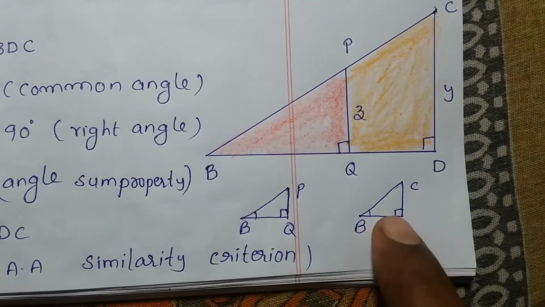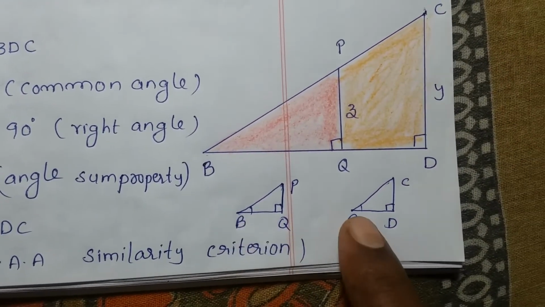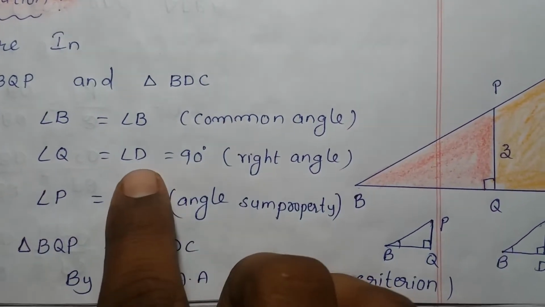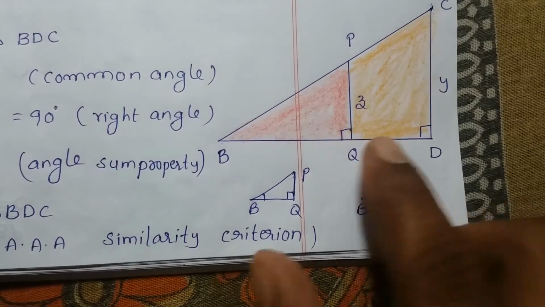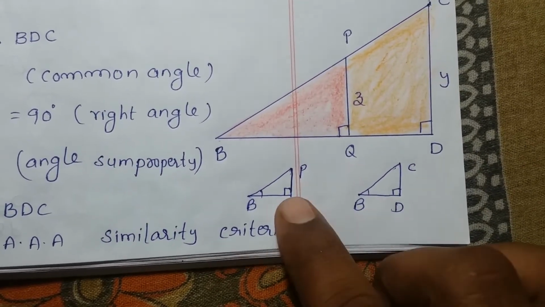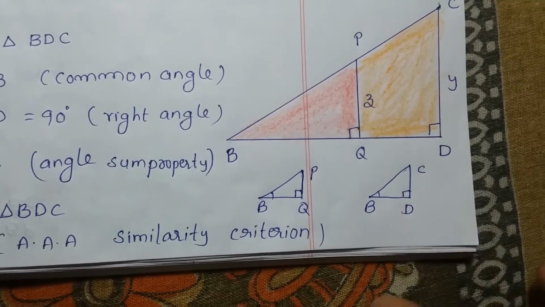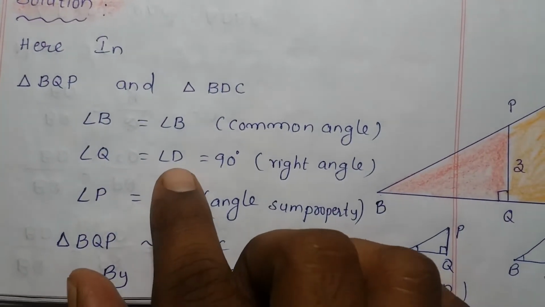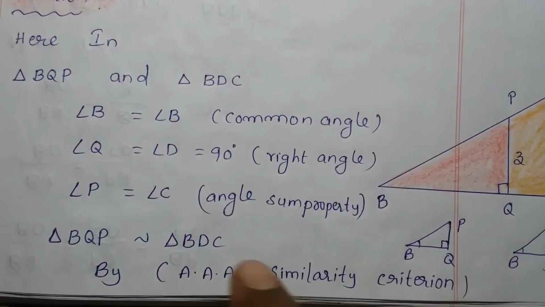If you see these two triangles, B is the common angle in both, and angle Q equal to angle D, both are 90 degree, here 90, here 90 degree. Again both the angles are equal. Angle Q equal to angle D equal to 90 degree, it is a right angle.